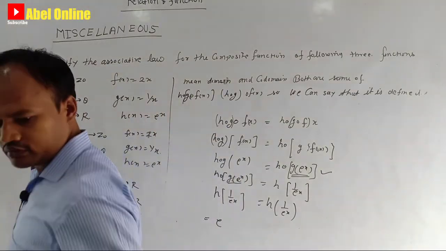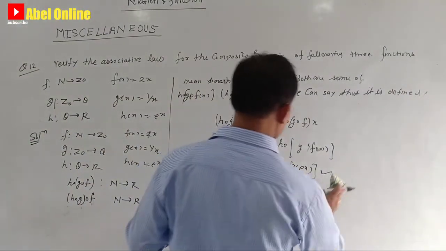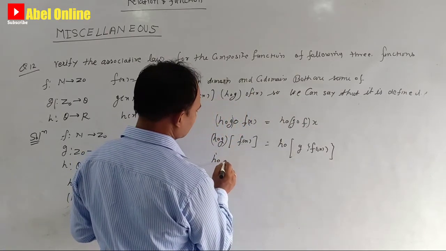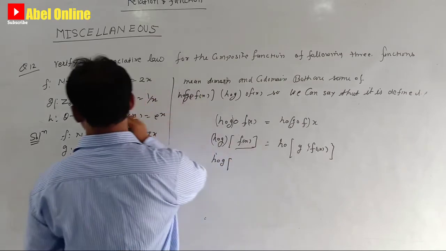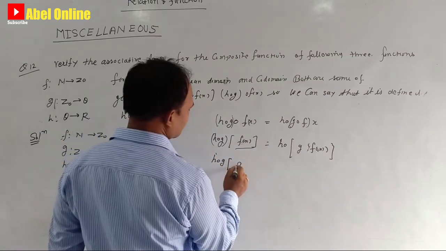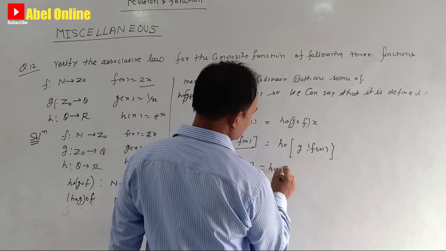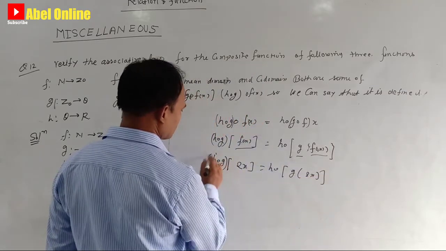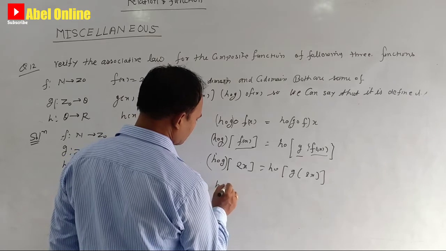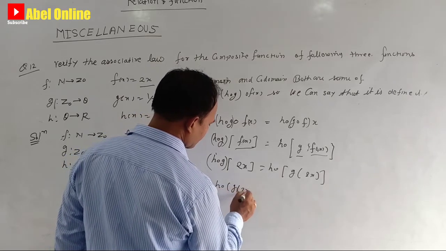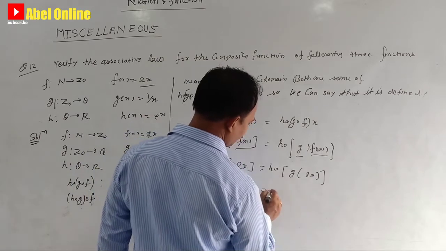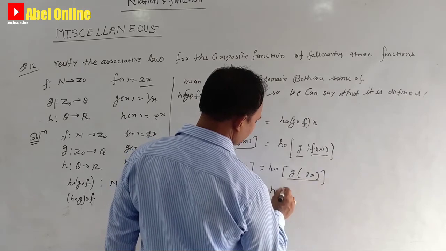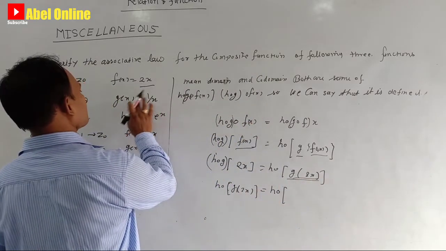The value of f of x is 2x. So we can write here 2x, and g of f of x is g of 2x, and g of 2x means 1 upon 2x.